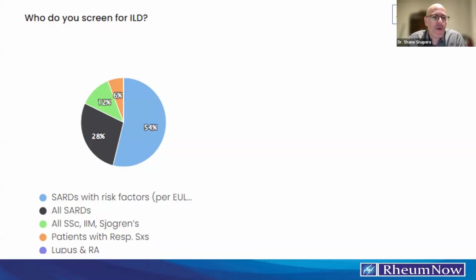I really don't think that a scleroderma patient is the same as a lupus patient. We know scleroderma is going to have a very high incidence of ILD, whereas lupus is really not going to have a lot of chronic ILD, maybe an acute pneumonitis at diagnosis, but not a lot of progressive fibrotic ILD. So I really think that we should be thinking about both the disease and, within the disease, the patients who are the highest risk.